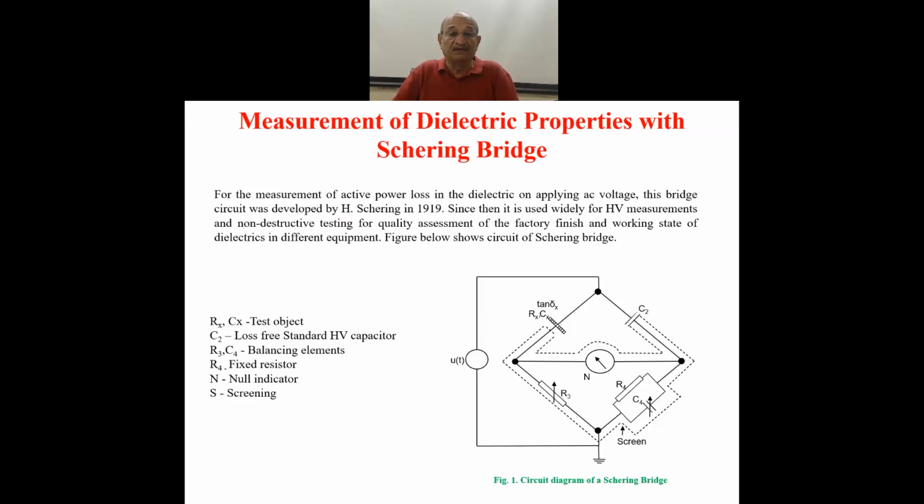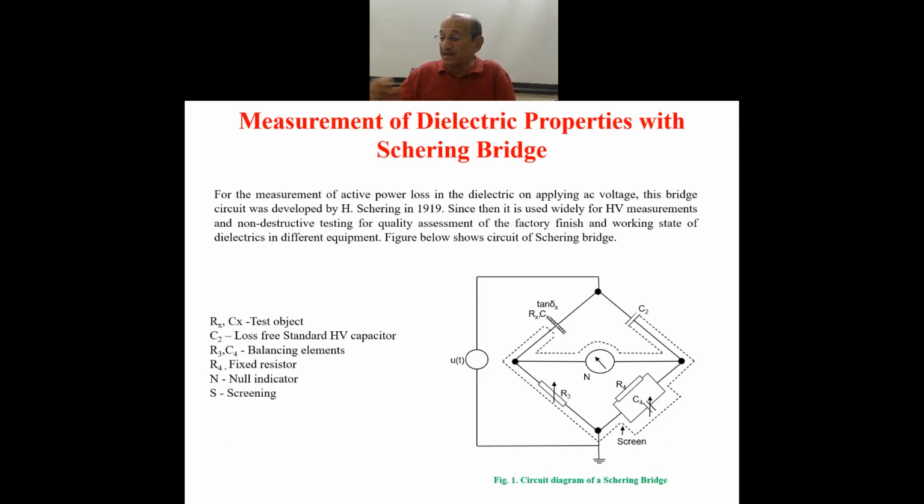If you know the value of that standard capacitor with vacuum or air as dielectric, then you can also calculate, determine from the readings the relative permittivity of the oils.